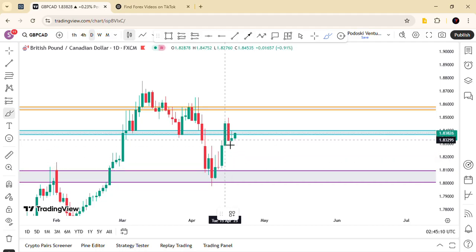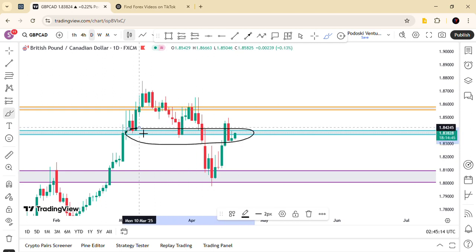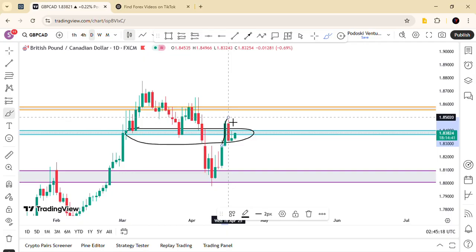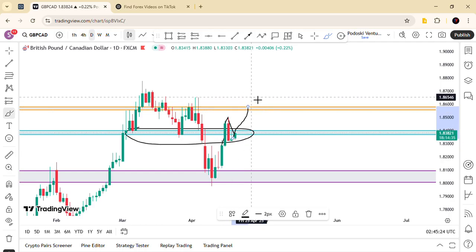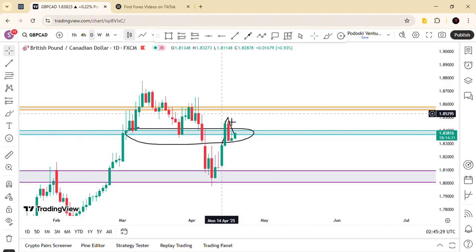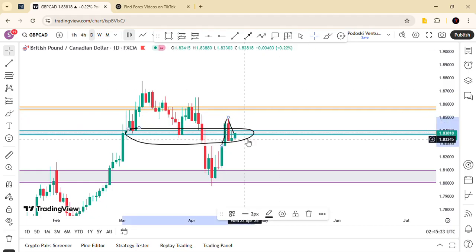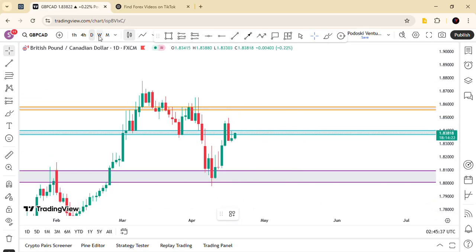We were saying because of this daily resistance zone, we'll be waiting for GBP CAD to break out of the daily zone, and if we see the retest, we will buy. Price did exactly that, and we also did exactly what we said we were going to do, and that's why we are in a buy on GBP CAD.